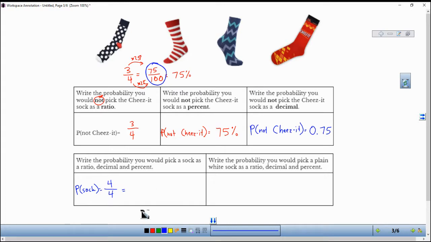I'll show you this, but we might not have to do this anymore, knowing that 4 out of 4 is the ratio. 4 times 25 is 100. 4 times 25 is also 100. So that means that's 100%. And in probability, that means that it's definitely going to happen.